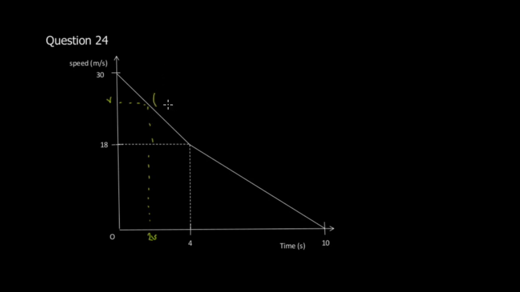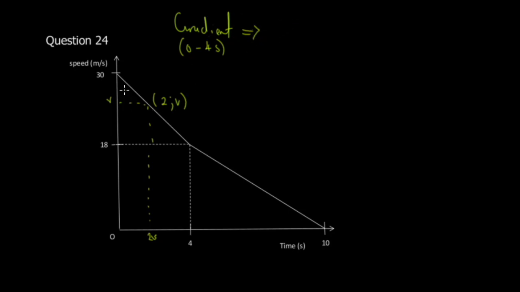So here your point is actually 2, v. If you can use 2, v and one other point, let me just show you. So the gradient, from 0 to 4 seconds, is equal to. Let's not say is equal to, since we are going to put equal again. We can put it like this.